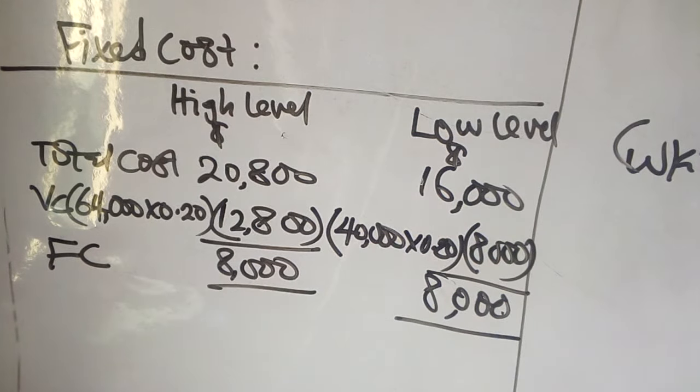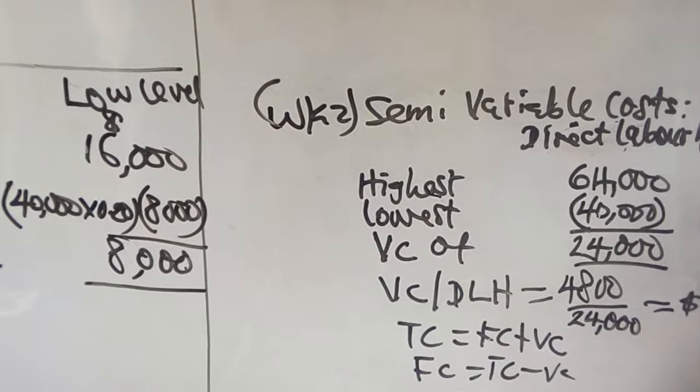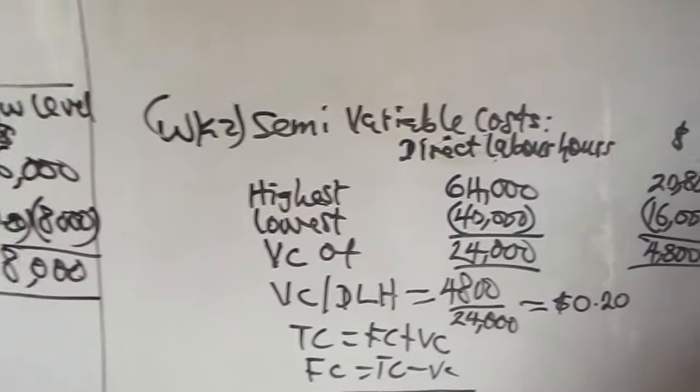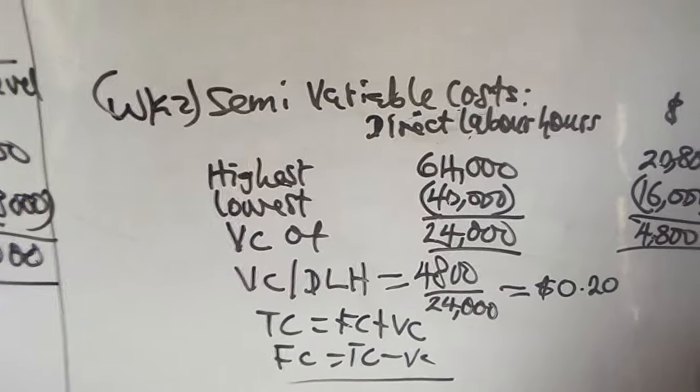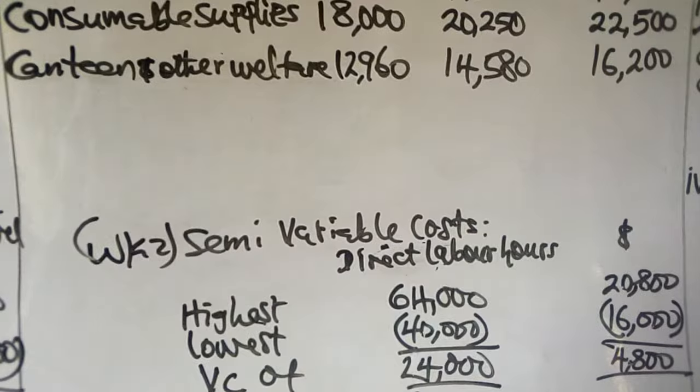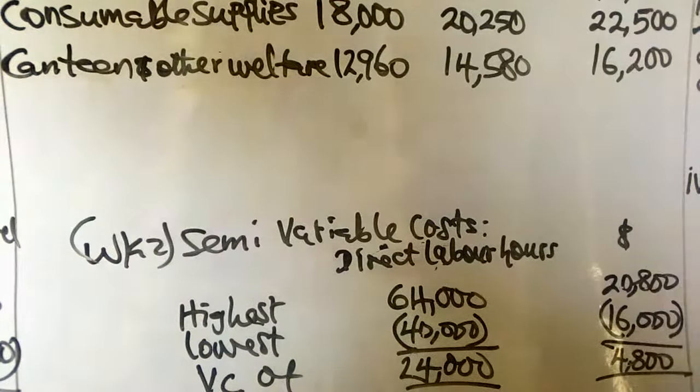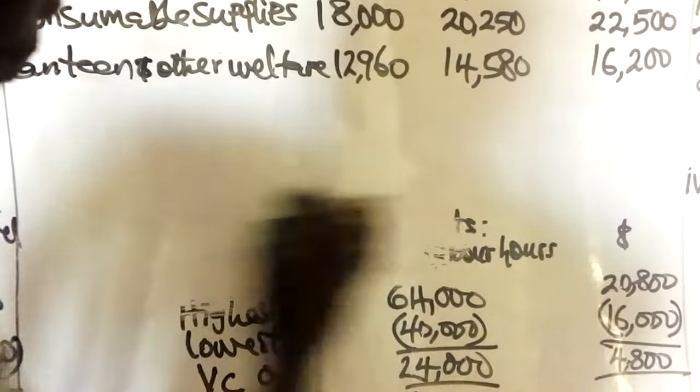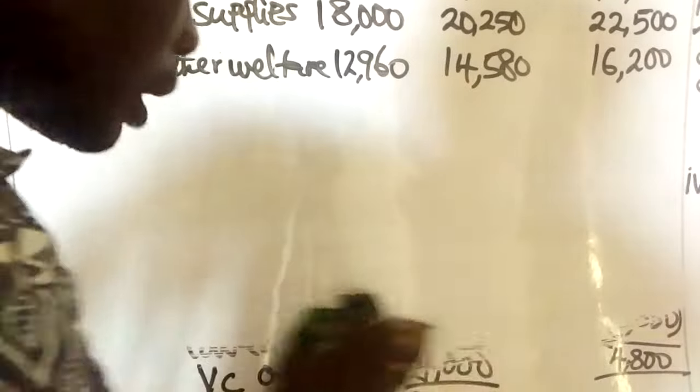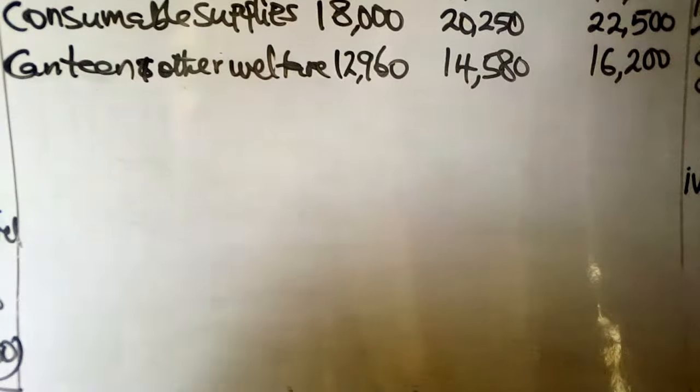So now we have segregated the semi-variable cost into fixed and variable components. Now, for each capacity level, we want to determine the semi-variable cost. Remember, semi-variable costs are partly fixed and partly variable.